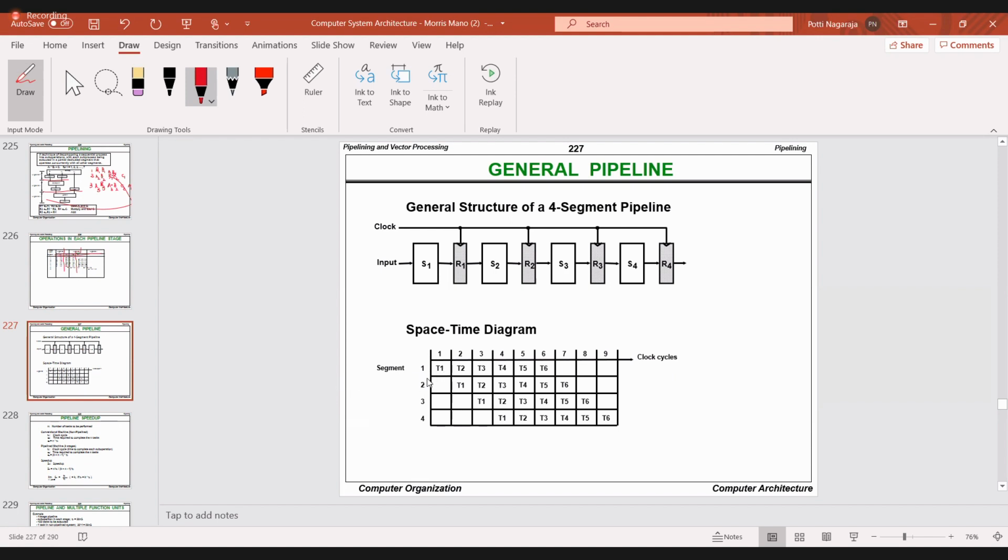Now see here, I'll have to verify this diagram.